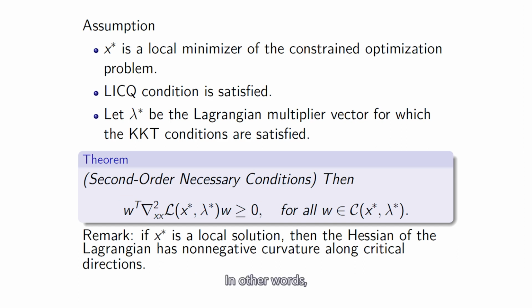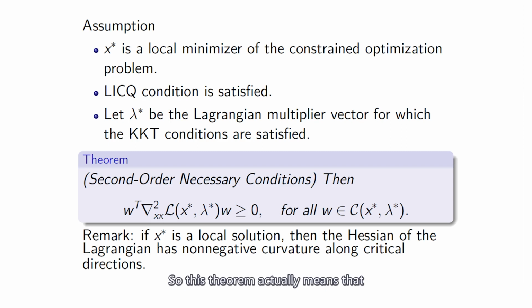In other words, for all the undecided directions, they are actually non-negative curvature directions for the Lagrange function, or they are non-decreasing directions for the Lagrange function. Now, we have some remarks here.